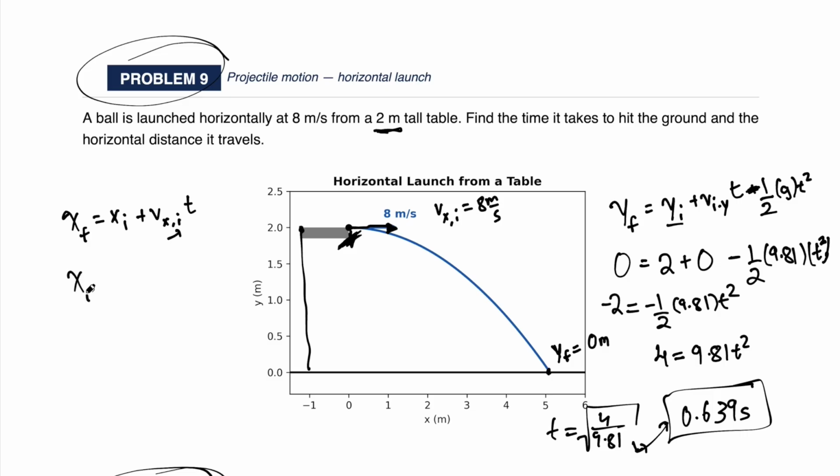So x final, or you could just subtract both of these to make it delta x, is equal to Vxi times t. Vxi is 8 meters per second times 0.639 seconds, which should give you around 5.112 meters. All right, pretty solid.